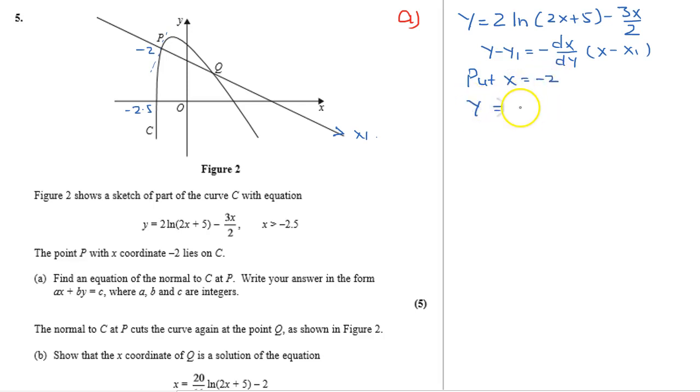So y will be 2 ln(2 times minus 2 plus 5) minus 3 times minus 2 over 2. So y will be 2 ln 1 minus, this is 6, 3 times 2 is 6, 2 and 2 cancel, so it is plus 3.